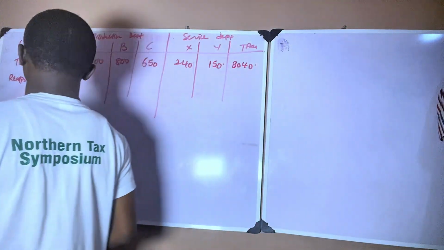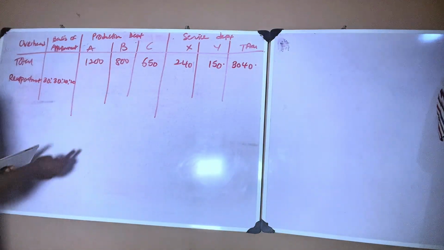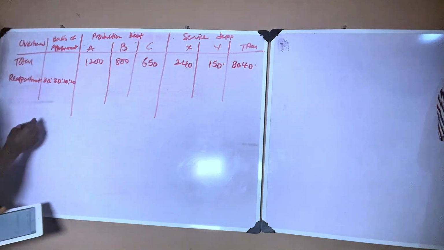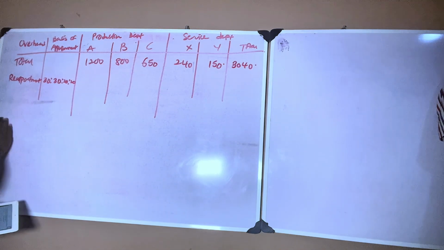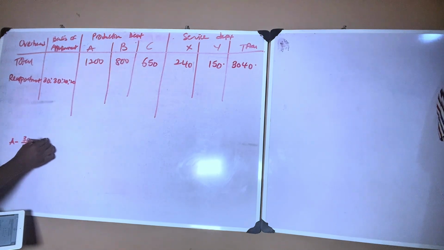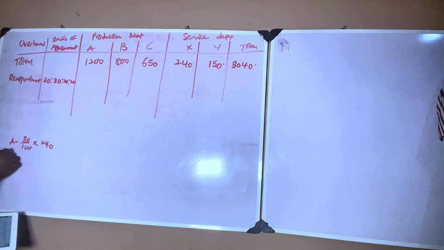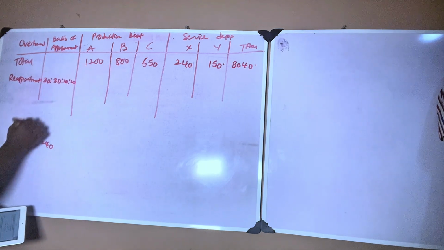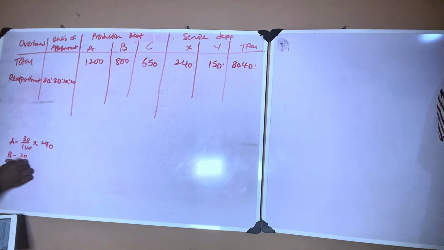So for department A, apportioning 240, we have 30% times 240.